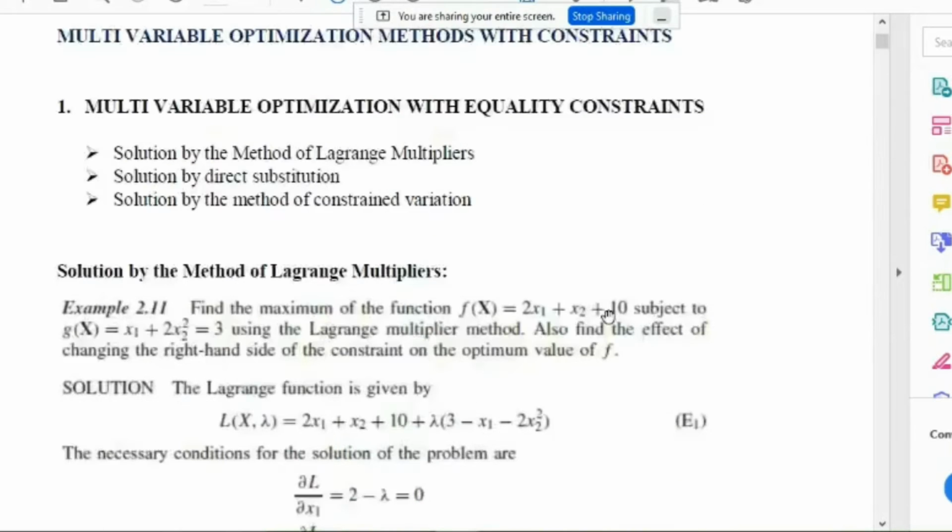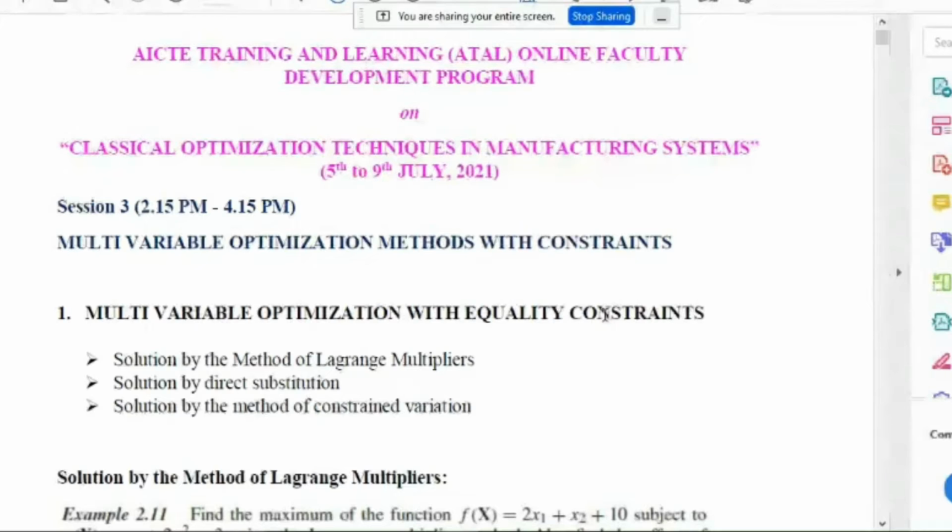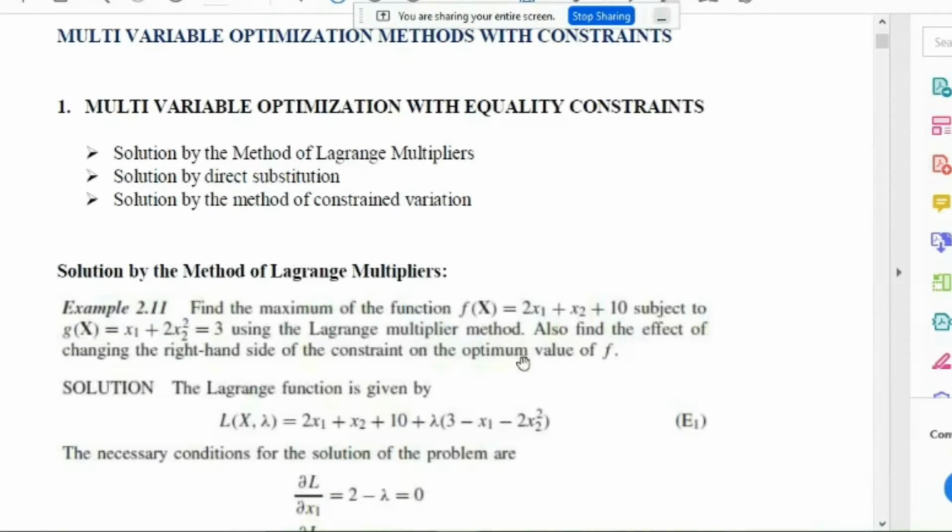So when a multivariable optimization problem is subjected to equality constraints, we can use the method of Lagrange multipliers.